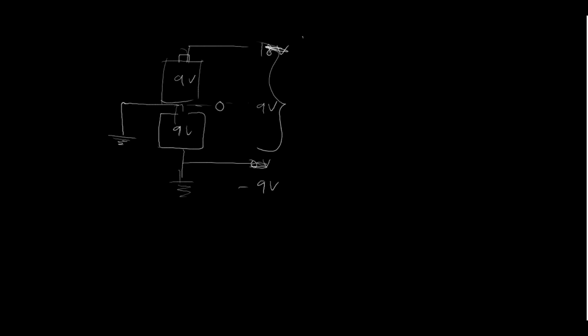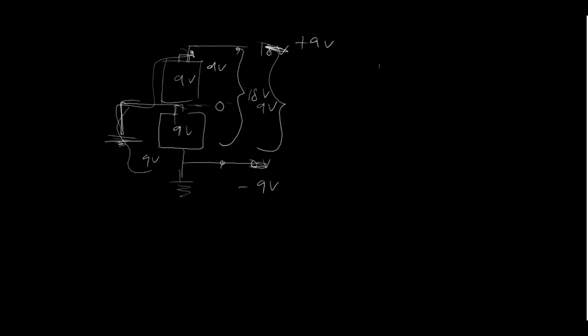We have to choose so that you reduce the shock effect due to the battery. If you touch this point and this point, you have an 18 volt potential difference, which is high. But if you stand on the ground and touch this point, you will have only 9 volt, and this also has a 9 volt difference.